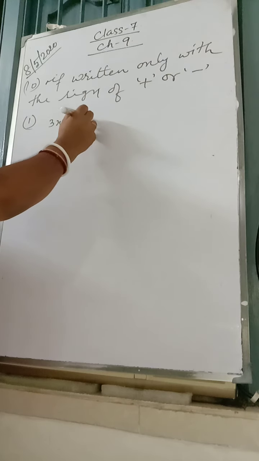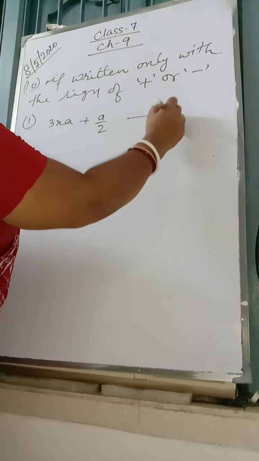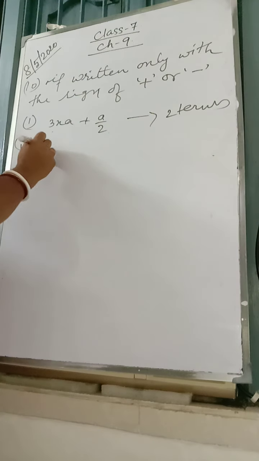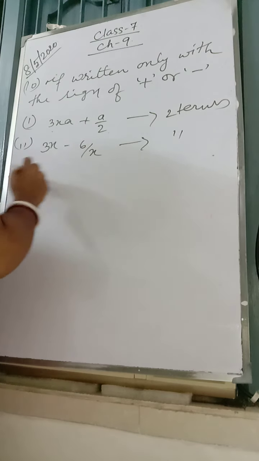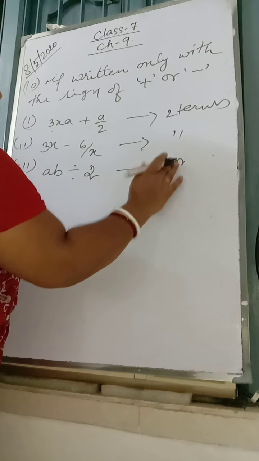Okay. Now you see, number 1, 3x plus a by 2. How many terms? 1 and 2, 2 terms. Number 2, 3x minus 6 by x. Again 2 terms. ab divided by 2. It has only 1 term.